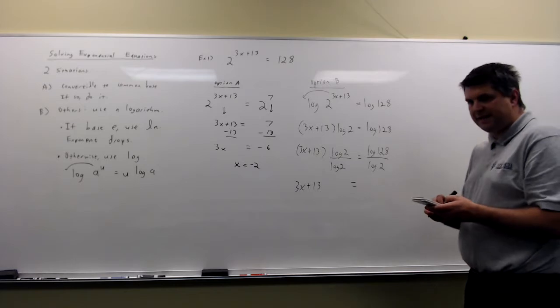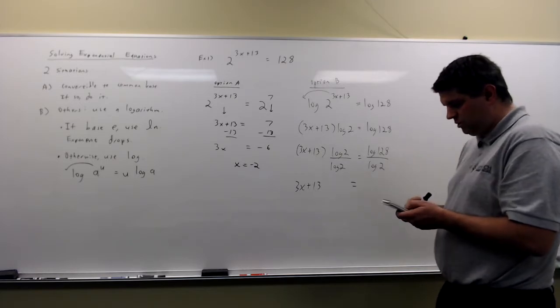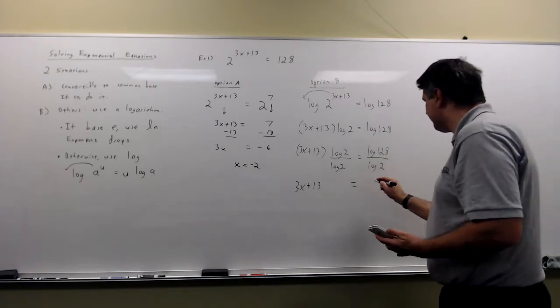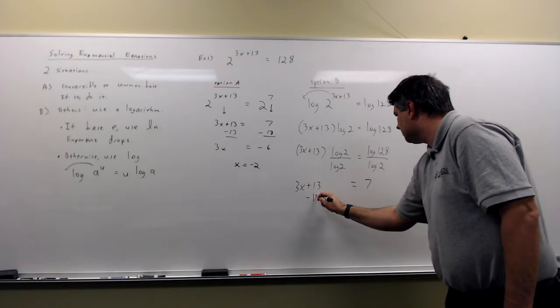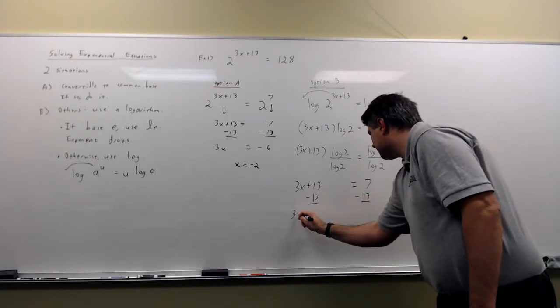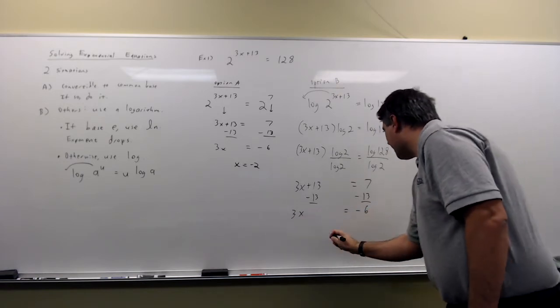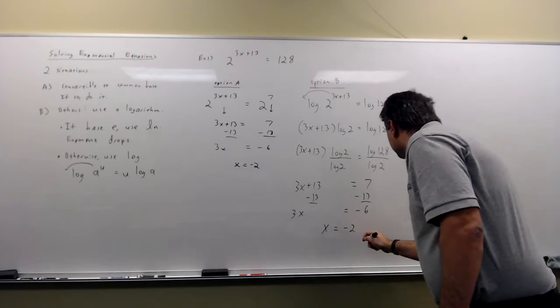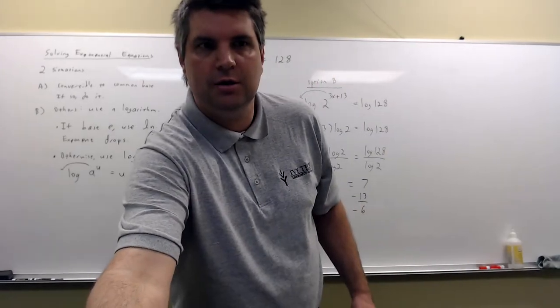Log 128 is about 2.017 something divided by log 2 is 7. And then from here, it becomes the same problem. So 3x equals negative 6. Divide off the 3, divide off the 3, x is negative 2.